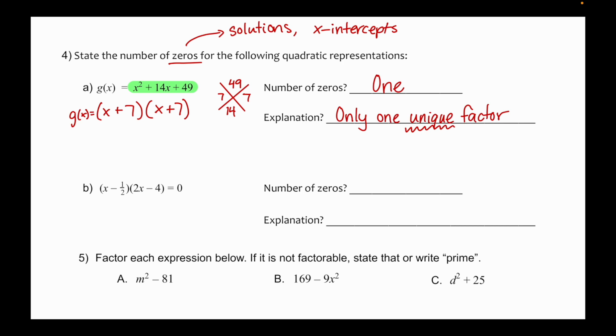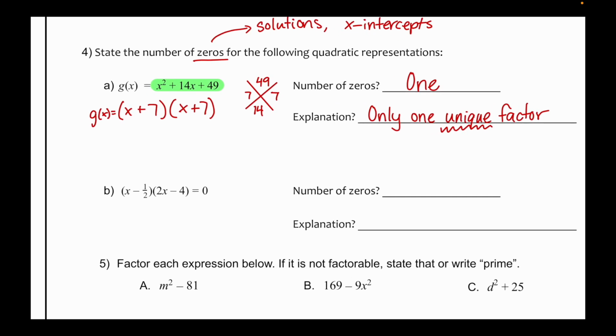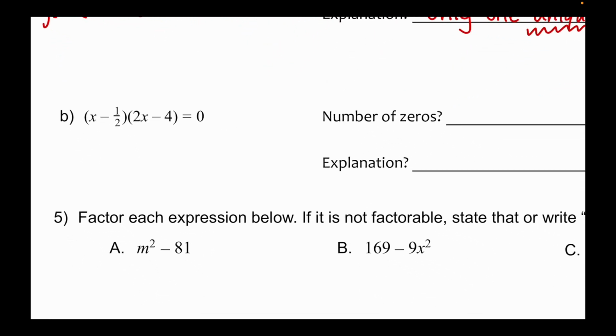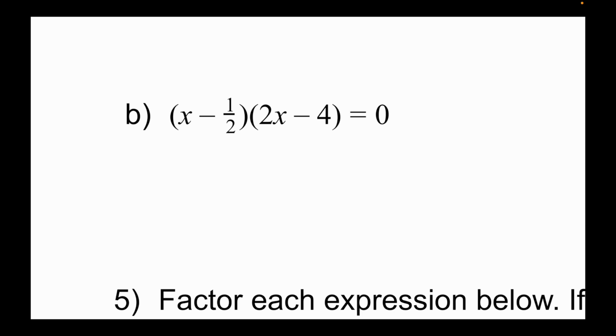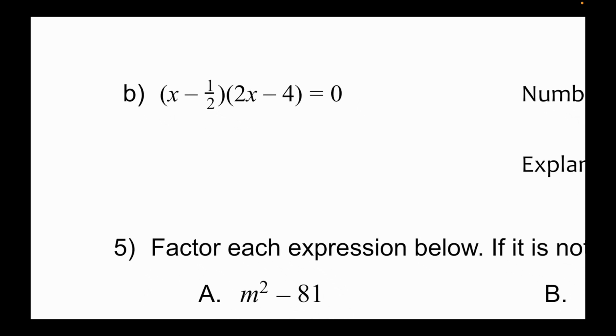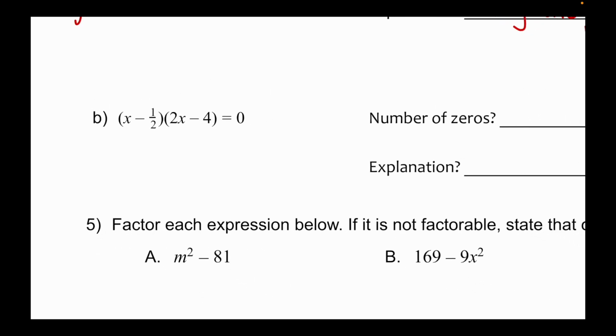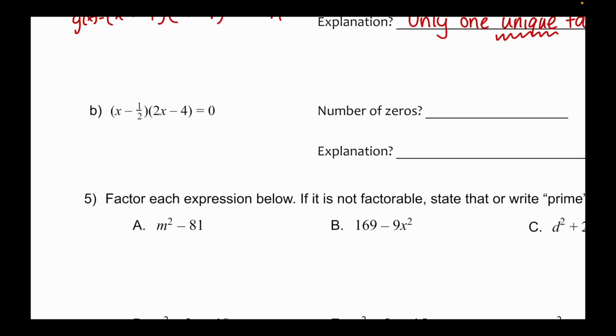So now let's look at B. This one here is asking us, well, just about this one here. On the first one, we had to actually factor that one. This one, we don't have to factor. It's already in factored form for us. They're not asking us to solve, so all we have to do is identify how many solutions there are. Well, how many solutions are there here?